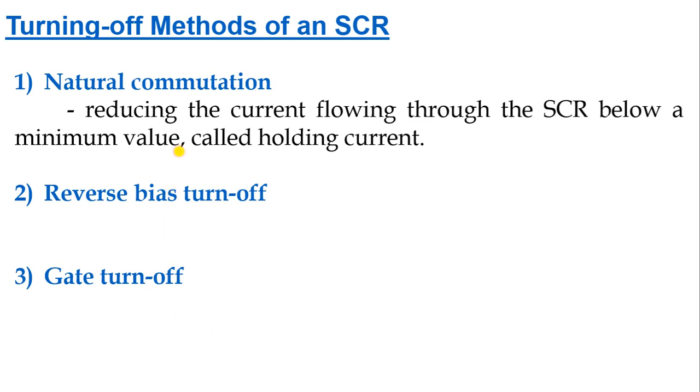What is natural commutation in the sense? It is the process of reducing the current which is flowing through the SCR below a minimum value, the holding current. So this is one way of turning off an SCR, just by reducing the current flow through the SCR below the rated holding current. Thereby one can turn off the SCR.